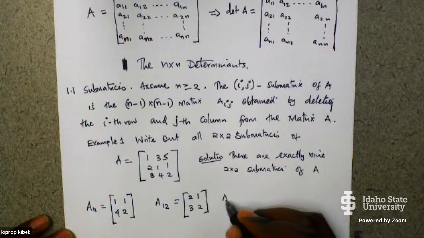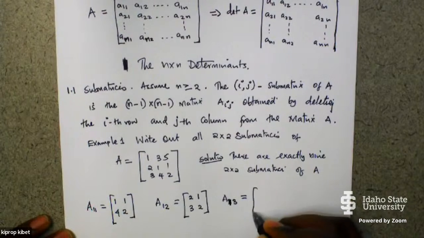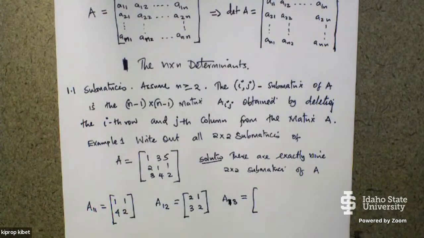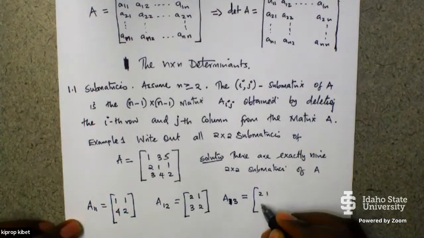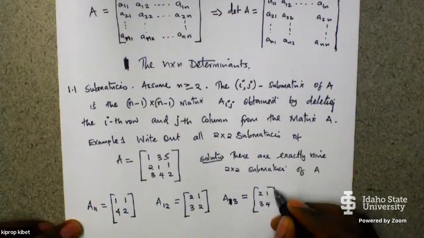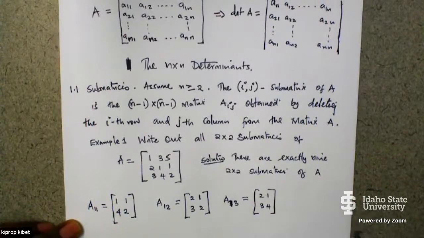To get A13, we delete the first row and the third column. The remaining matrix there is 2, 1, 3, 4.